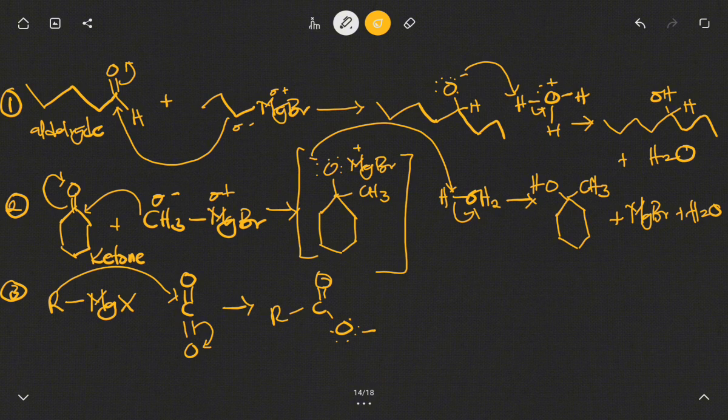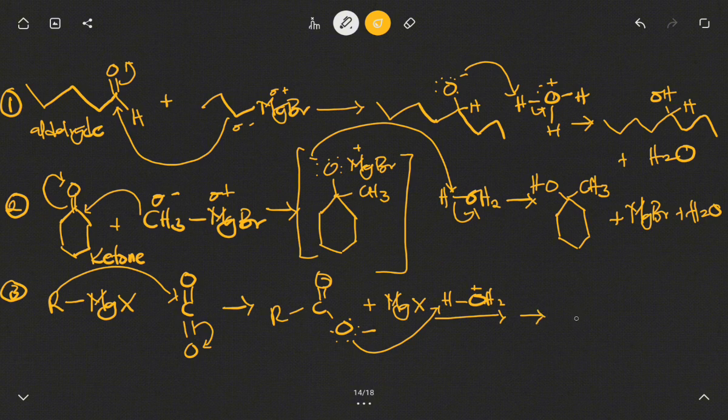So what else can we do? Remember, we are going to have MgX. So if we have an acid or water, so I'm putting here HOH2, oxygen with a positive charge. This is going to reach out and pick the hydrogen getting protonated, and the result is going to be a carboxylic acid.